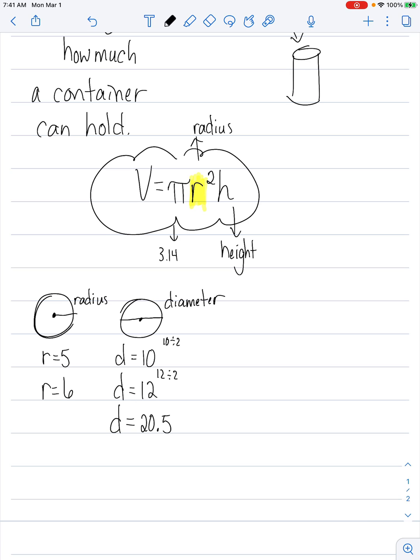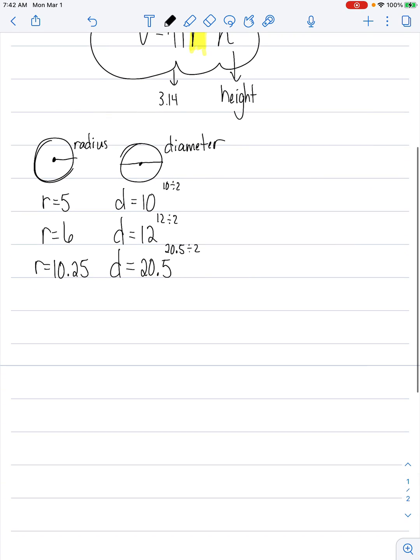Well, you're going to have to use your calculator, which is perfectly fine. To find the radius, you say 20.5 divided by 2. Type that in your calculator, and you get a radius of 10.25. So please keep this in mind as we're doing the next few examples. For the formula, you need the radius, or halfway across. So let's do some examples.